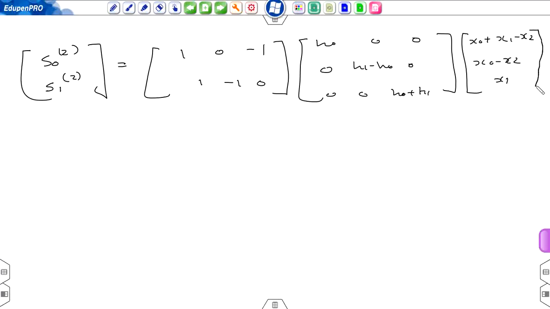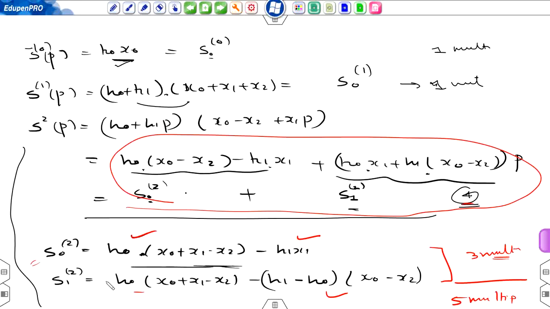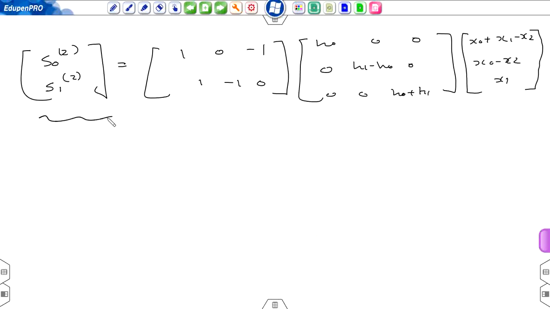I have demonstrated many times how you can write any particular equation in this matrix form, so I leave it as an exercise for you to decompose in this kind of form.